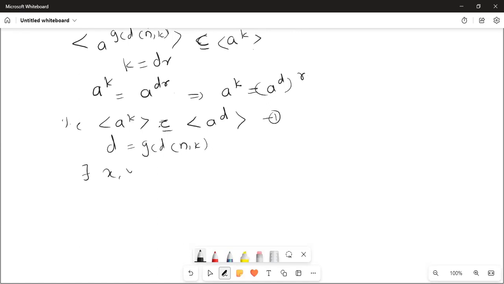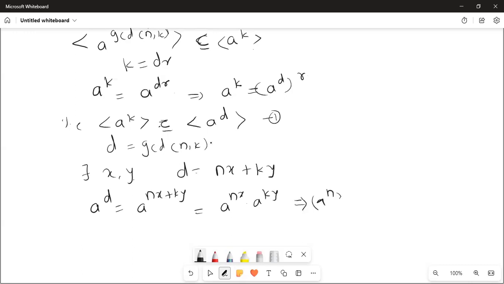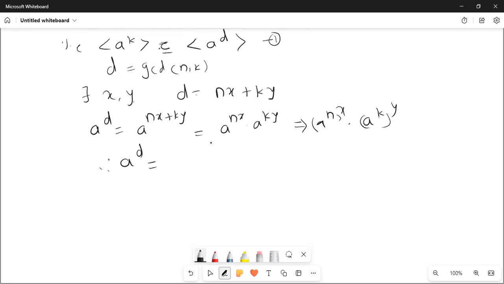There exist some integers x and y such that d equals nx plus ky. That means a raised to d equals a raised to nx plus ky, which is a raised to nx into a raised to ky. So a raised to d equals e raised to x times a raised to k raised to y, since a raised to n equals e.